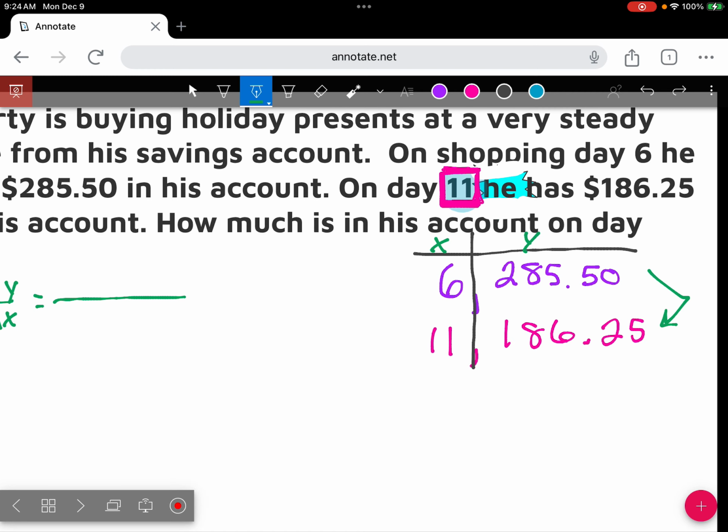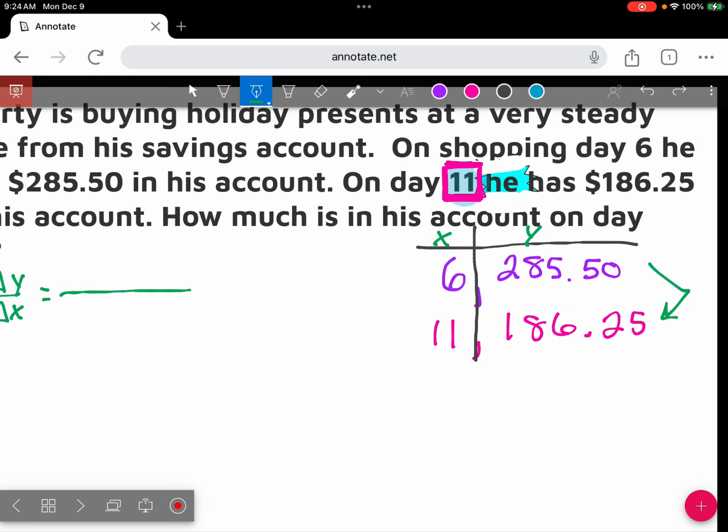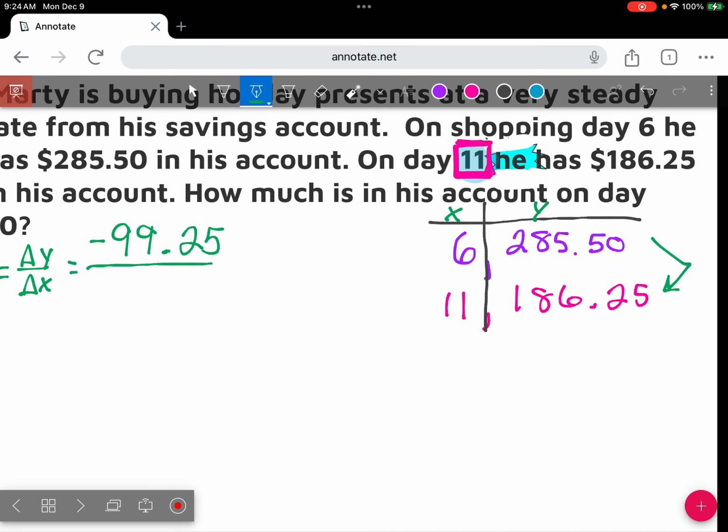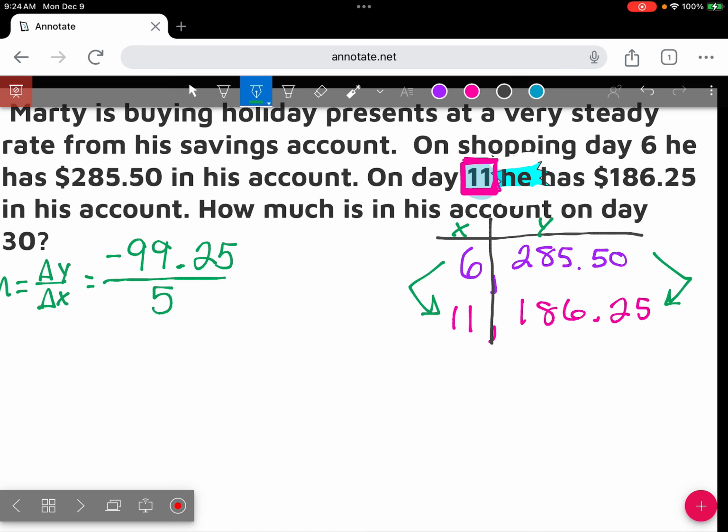So this is that he spends $99.25. And from 6 to 11, it's a positive 5. So he spends $99.25 in 5 days. How much does he spend in 1 day? Simplify that. $19.85. Simplify. So you divide the negative 99.25 by 5.